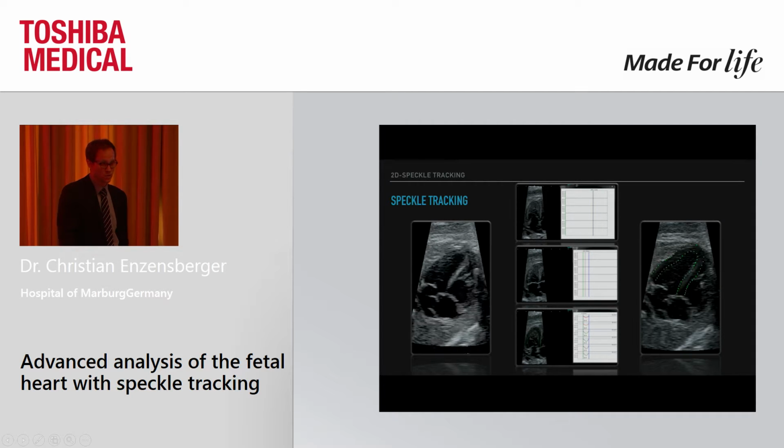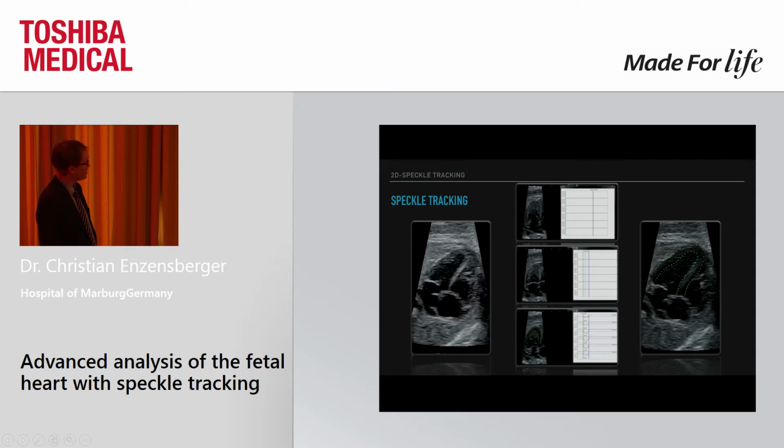The persistence of the B mode picture should be set to a very low level, just to get a very good movement within the different frames. When you have this position, you can start your acquisition by just storing some cine loops.